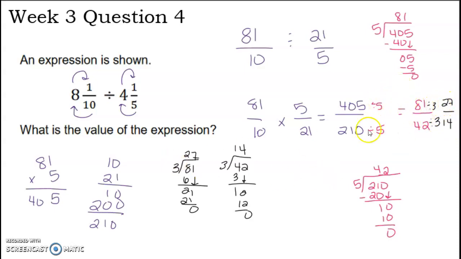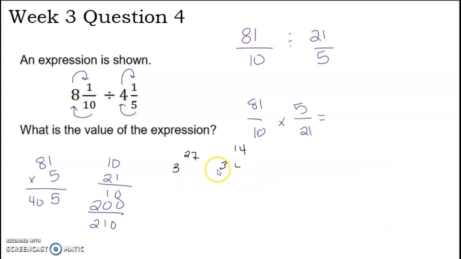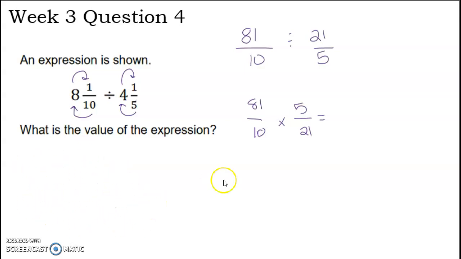Now, do you see how I simplified it by the 5 and the 3? Let me show you how you could have done that from the beginning. So I'm going to erase all of this. Before you even begin multiplying, you can do something called cross simplifying. You simplify the numbers before you multiply.